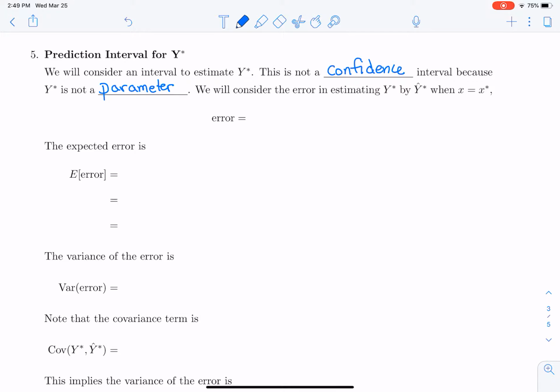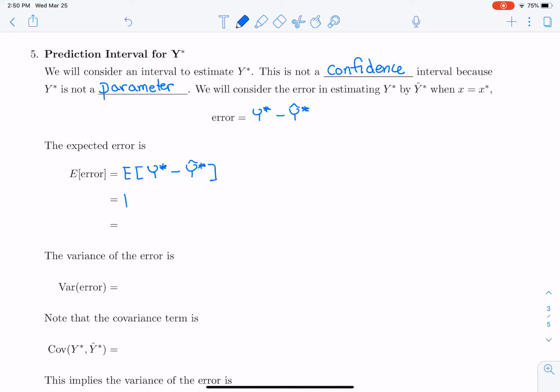Okay, so y star minus y star hat will give us the error. And we're going to look at the expected value of that error. That's going to be the expected value of y star minus y star hat.